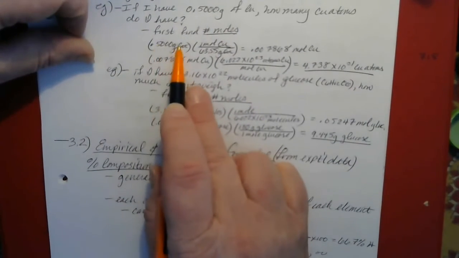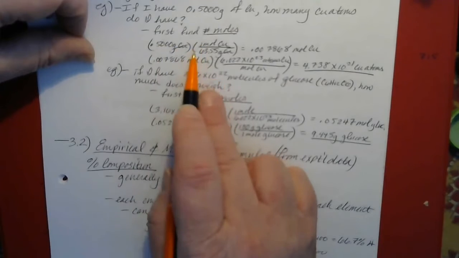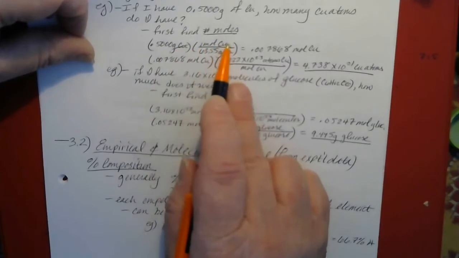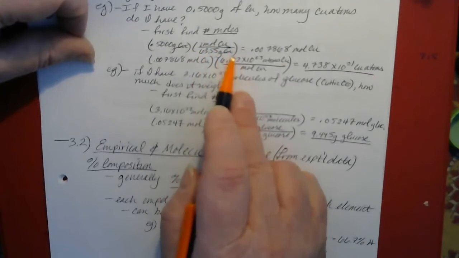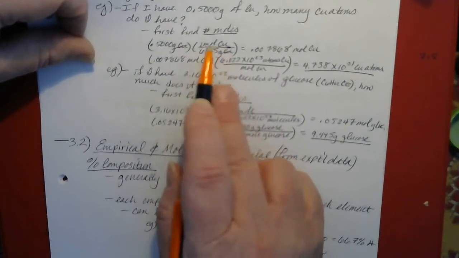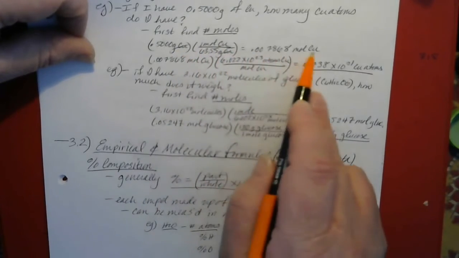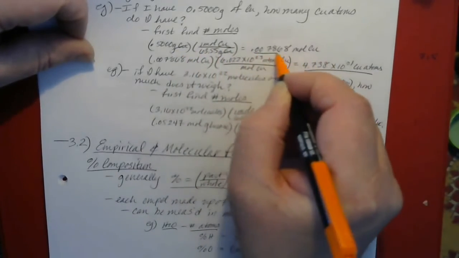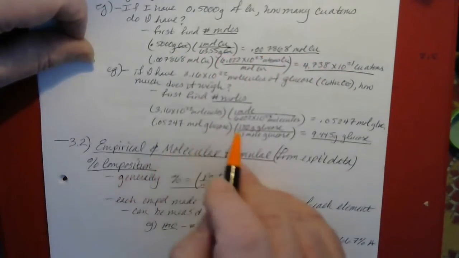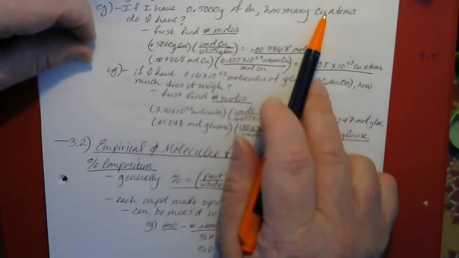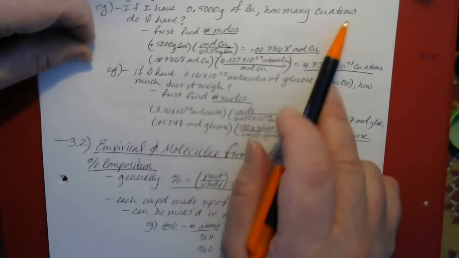And so we take 0.5 grams of copper times the fact that there's 1 mole for every 63.55 grams of copper. Grams of copper will cancel out, and we end up with moles of copper as our answer, 0.007868 moles of copper.